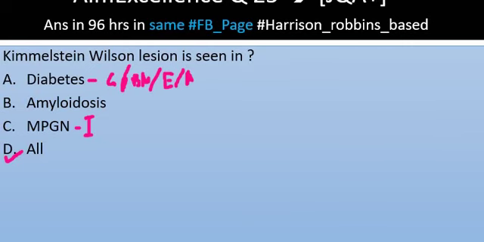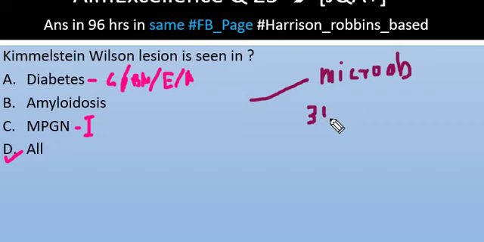Few salient important points that we should remember. The first sign that we can see is microalbuminuria. This has been asked before also. Microalbuminuria is 30 to 300 milligram of albumin in a 24-hour collection of urine.